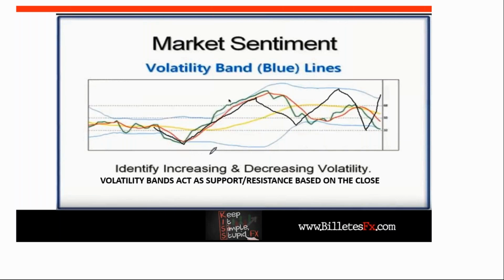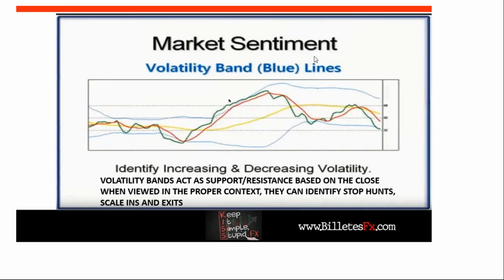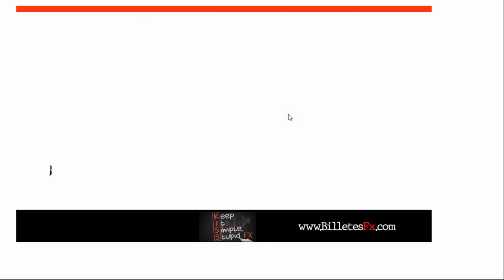That's why you can use them as support and resistance. Like I said, in the proper context, they can identify the stop hunts, the false move against the real market's intentions. And it's going to help you scale in and scale out.